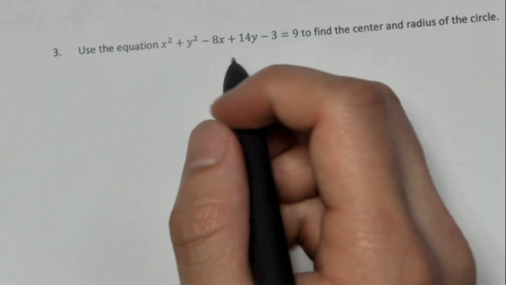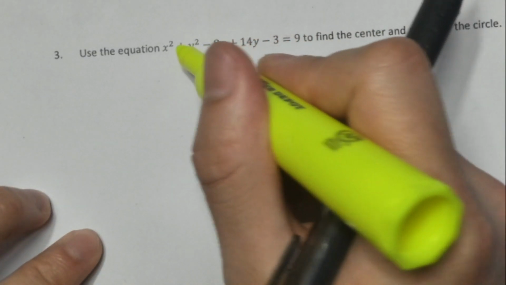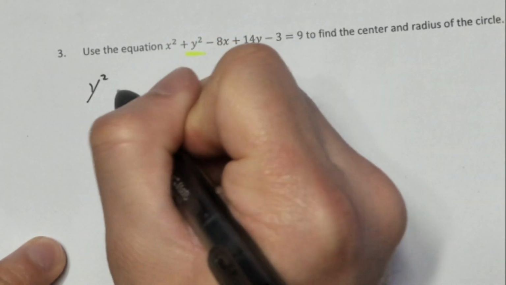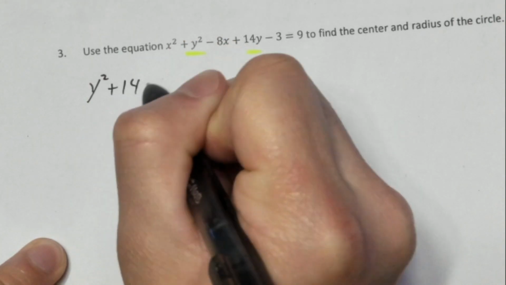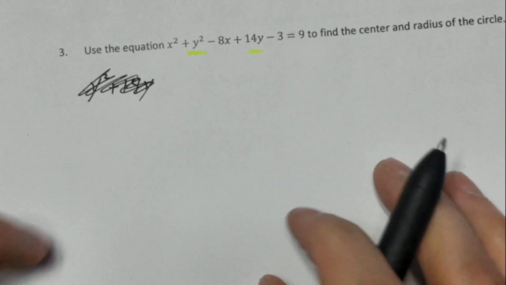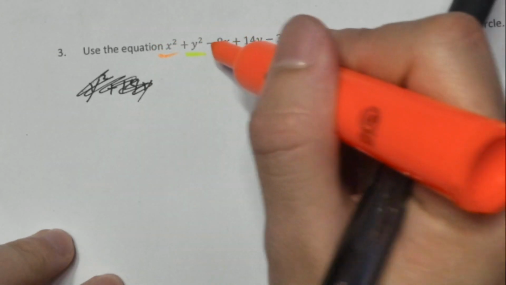First, I'm just going to separate the x's and the y's. There's a y, there's a y, so I'm going to put these together. So y squared plus 14y. Sorry, no, it's easier to put the x's first. Never mind. Let me put the x's first. X, x.